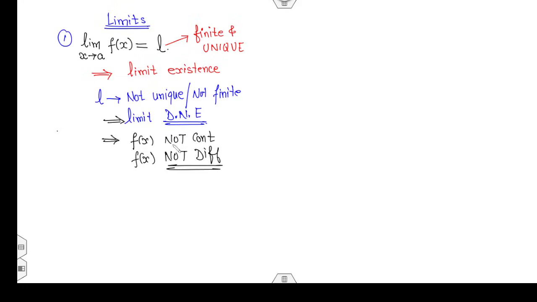So if you are interested to check whether the function is continuous or not, you can check its limits.